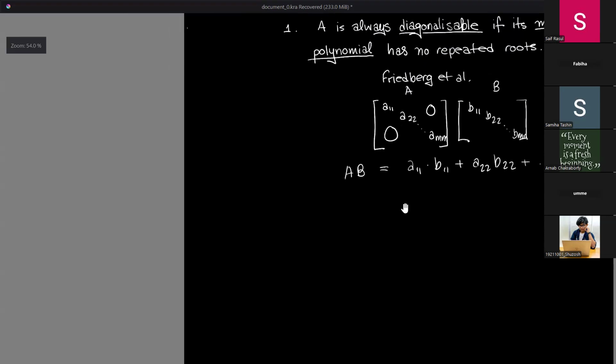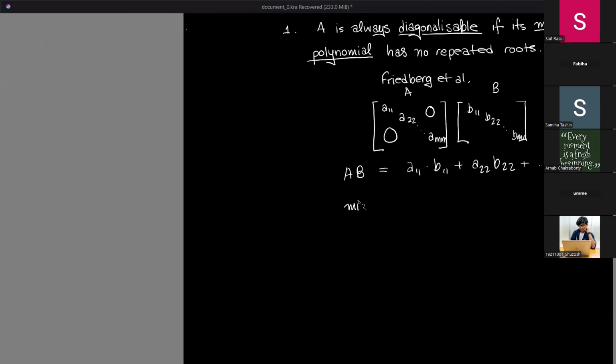And secondly, we need to look at what a minimal polynomial is. A minimal polynomial is the smallest polynomial that vanishes on the matrix.